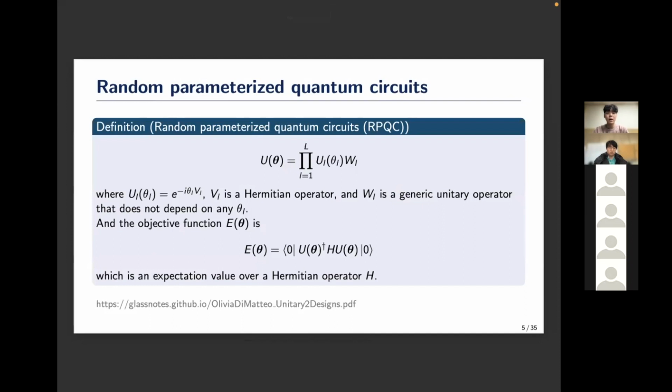The circuit consists of L products of U_L(theta_L) and W_L, where U_L(theta_L) is e to the minus i theta_L V_L, where V_L is a Hermitian operator, and W_L is a generic unitary operator that does not depend on any theta_L. And the objective function E(theta) is an expectation value of a Hermitian operator H after applying U(theta) to the zero state.